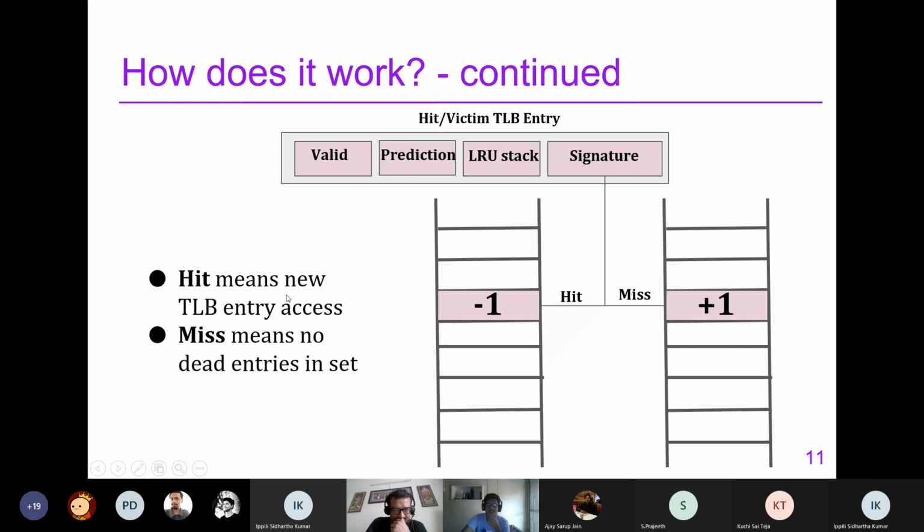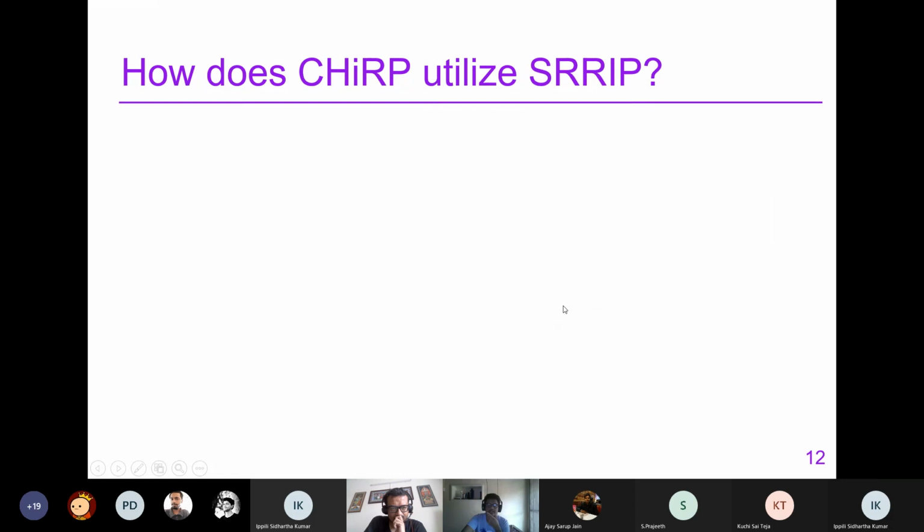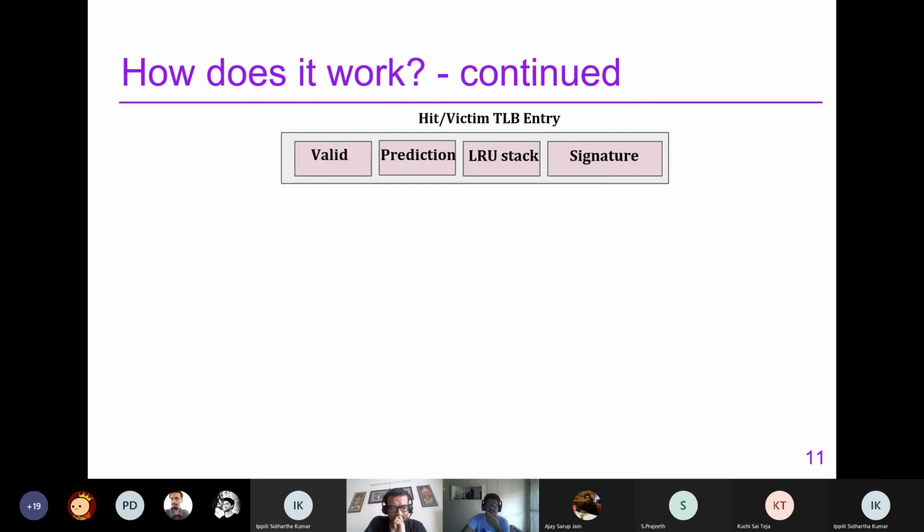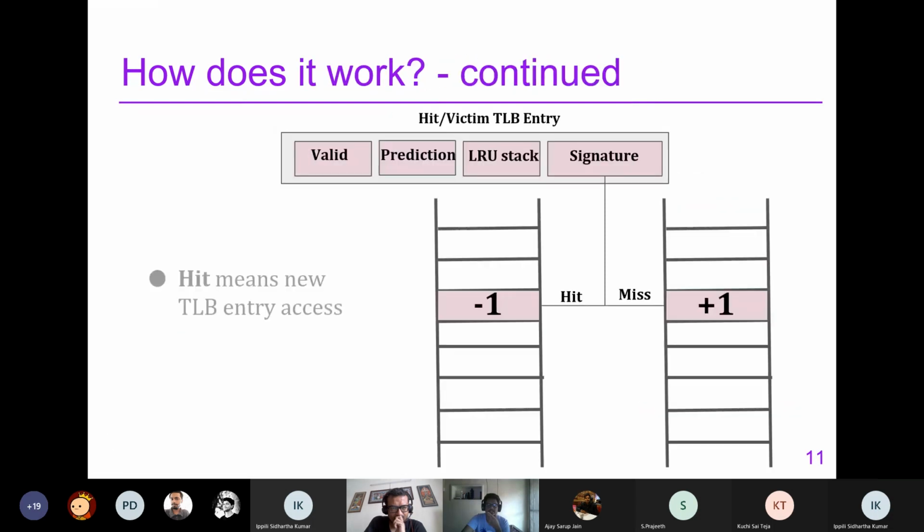Note that the update is done only on a new TLB entry access, because if we did it on every TLB access, the counters would become saturated, leading to very bad predictions, and it would promote aliasing of the program addresses. So this is how, in general, the CHIRP algorithm works. Any questions till now?